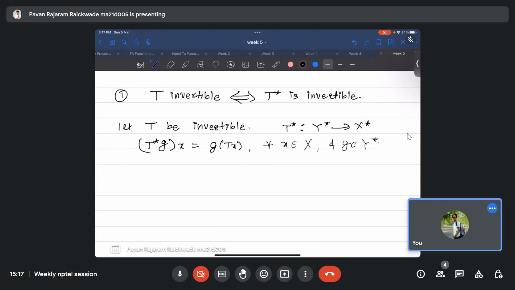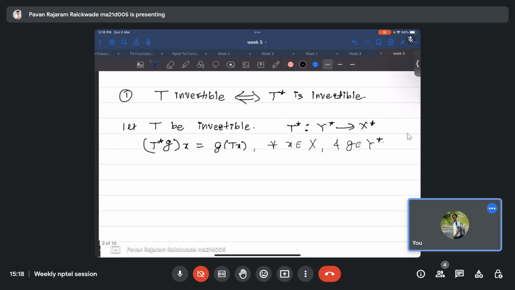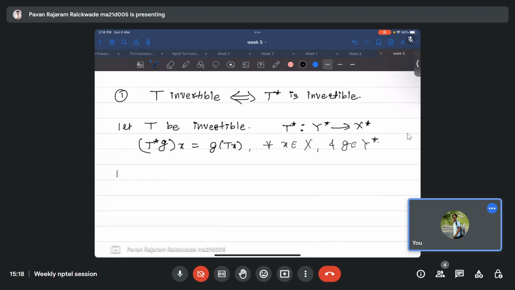So let some G belong to the null space of T star. We want to show that G is the identically zero functional. Then the null space of T star will be the singleton zero and T star will be one-one. So what does this mean?